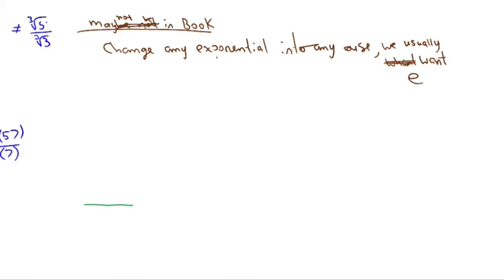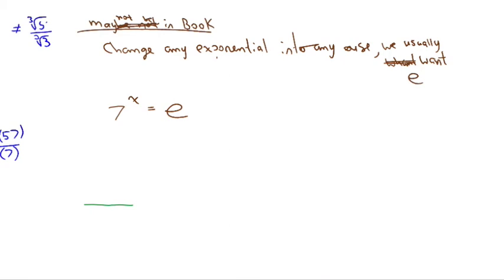So here's how you start. Let's say we have 7 to the x is equal to something. Well, 7 to the x is our function. What we want to change it to is a function in base e.